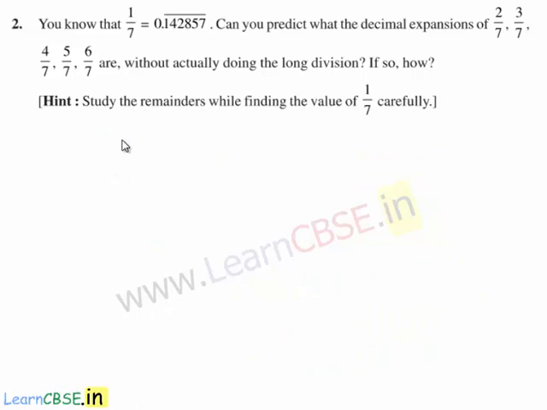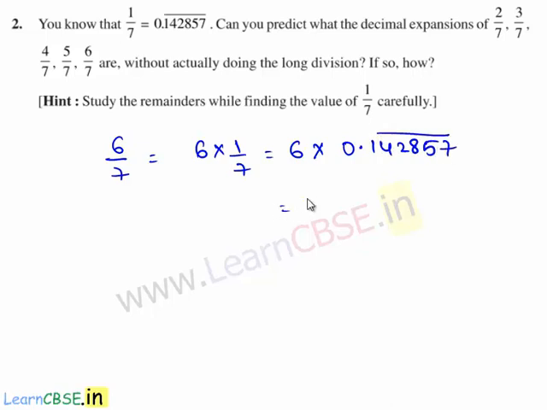So, the decimal expansion of 6 by 7 is obtained by multiplying 6 with 1 by 7. That is, we multiply 6 with the decimal expansion of 1 by 7, which is 0.142857 bar. So 6 times 0.142857 bar is equal to 0.857142 bar.